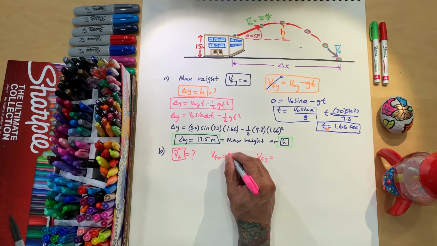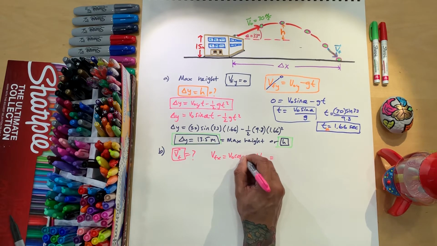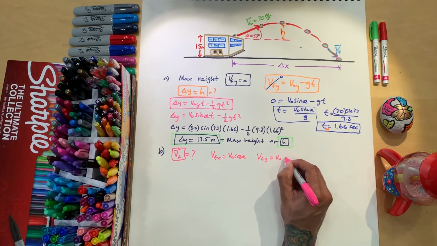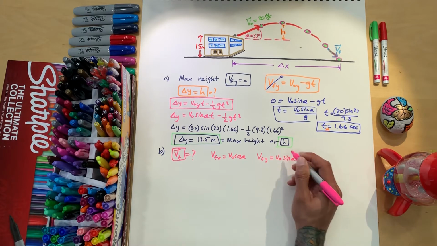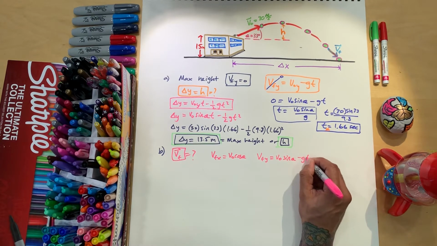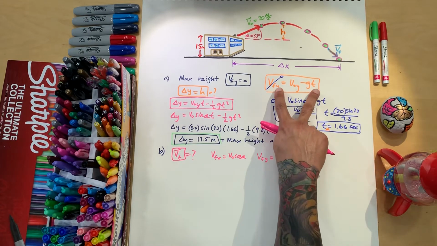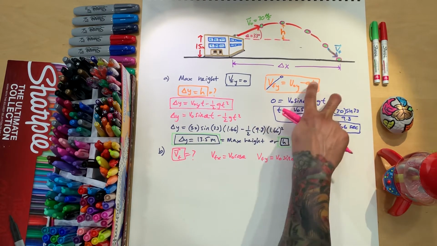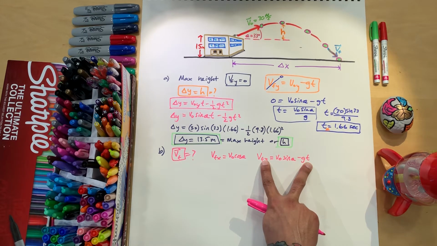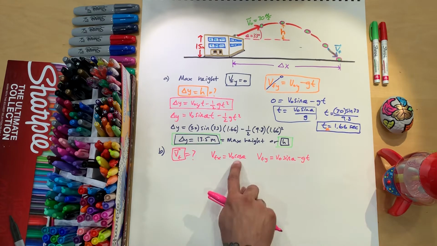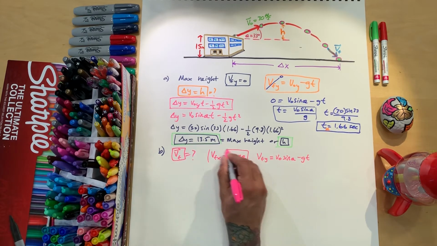So we got V initial cosine theta, and here V initial sine theta minus GT. This equation corresponds to this one, and the same for this one, except it doesn't have a gravity term. You should be familiar with these two equations.